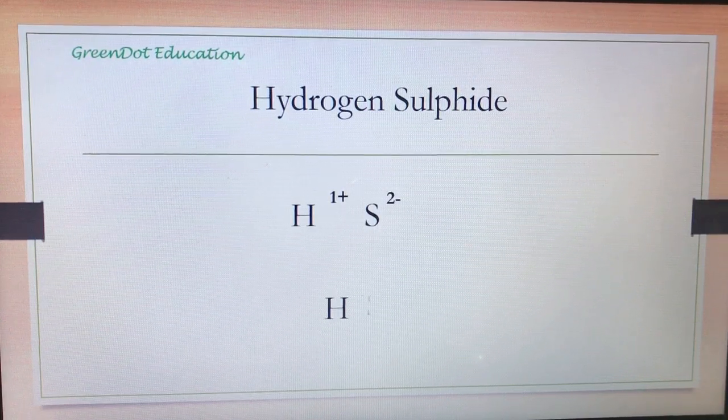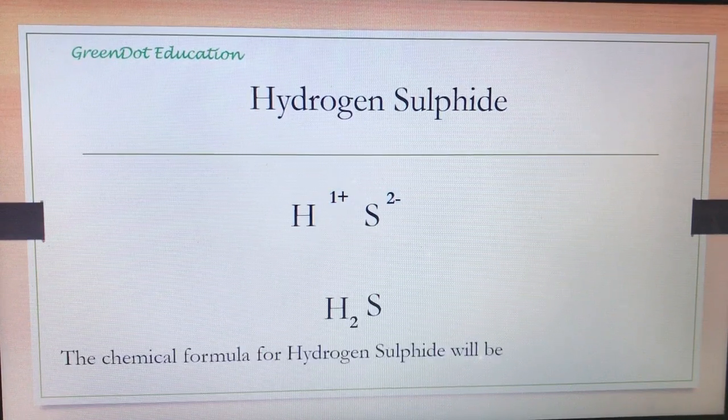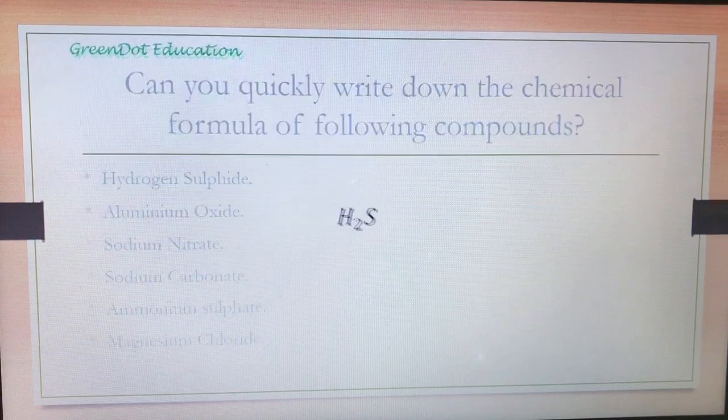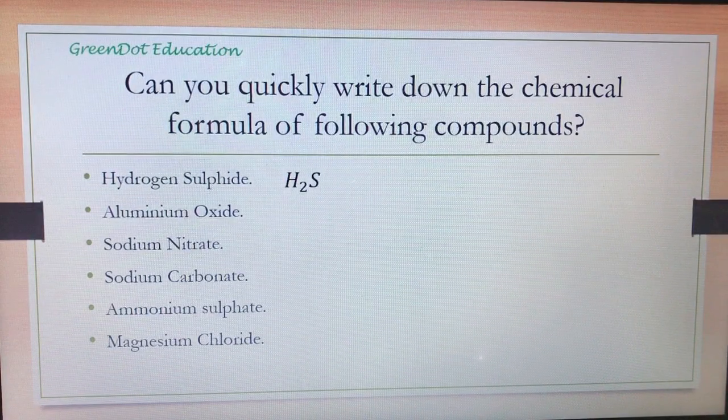Now we write down the chemical symbols and crisscross their valencies, then we get H2S. So the chemical formula of hydrogen sulfide will be H2S.